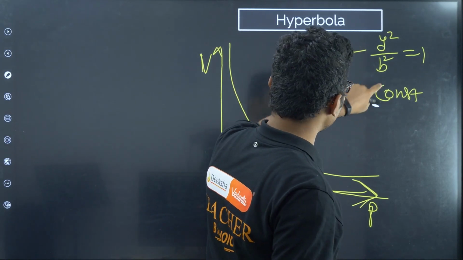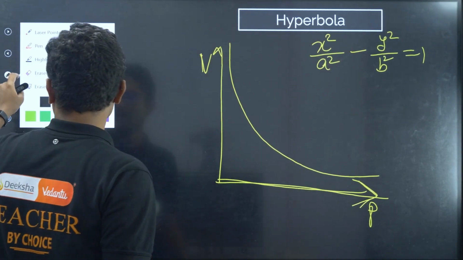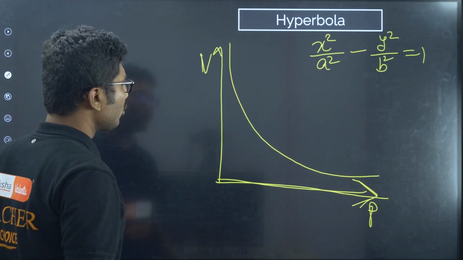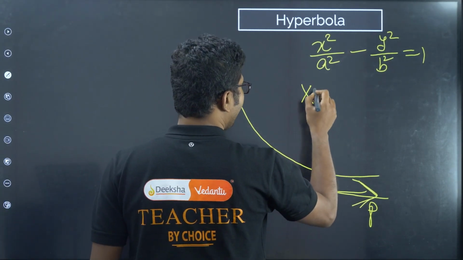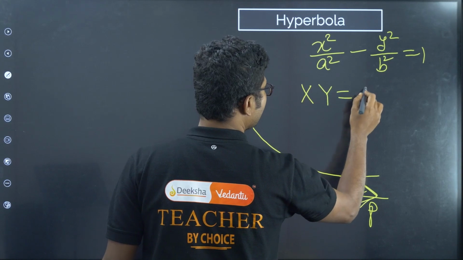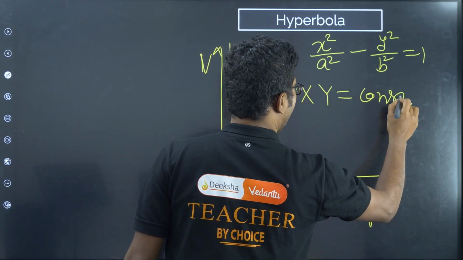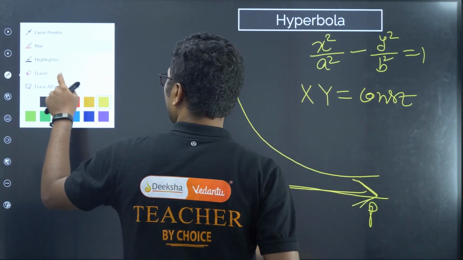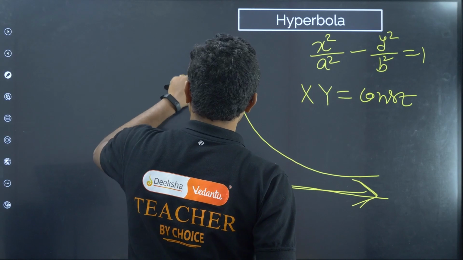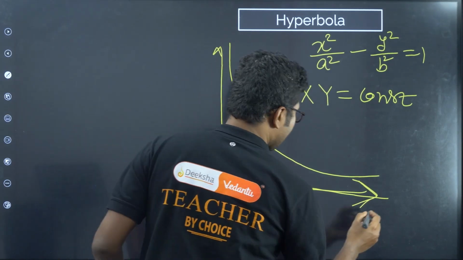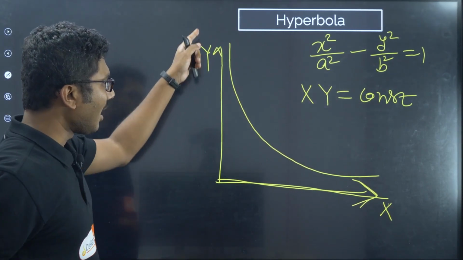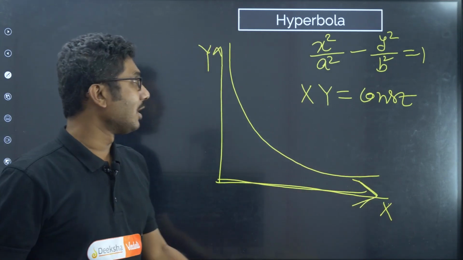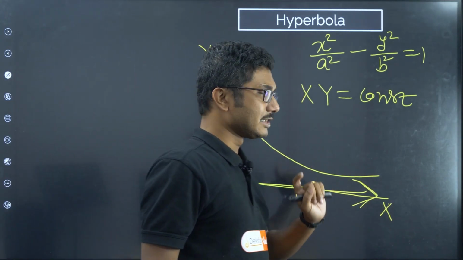There are a few more examples of a hyperbola, but the most common example is PV equals constant, or any case when you find x times y equals constant, and you plot x along the x axis and y along the y axis, then the graph will be a hyperbola. So a hyperbola looks like this.